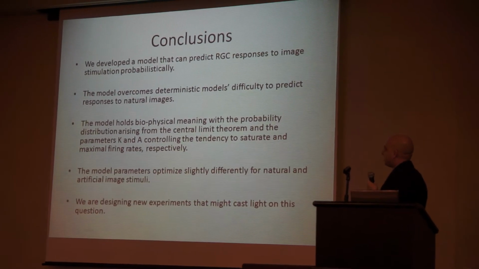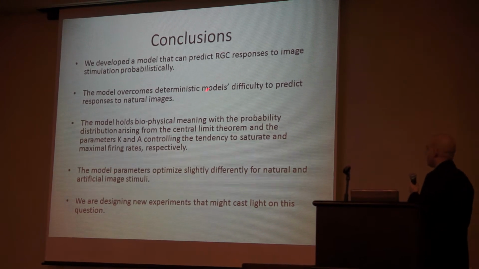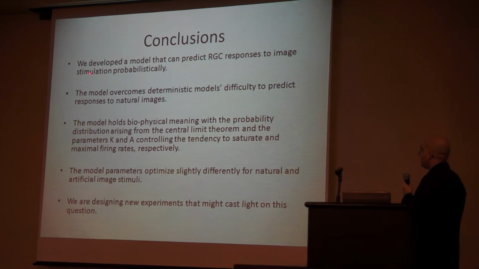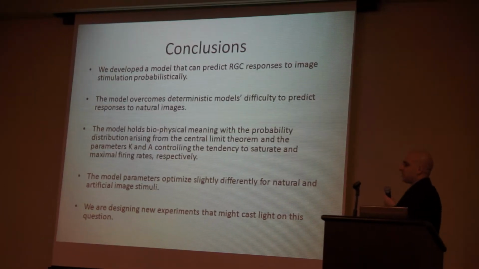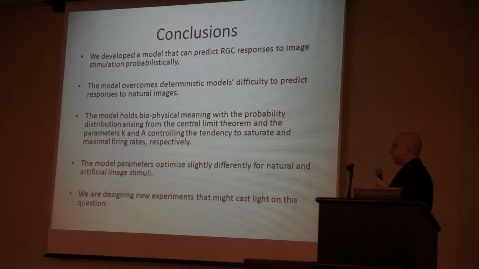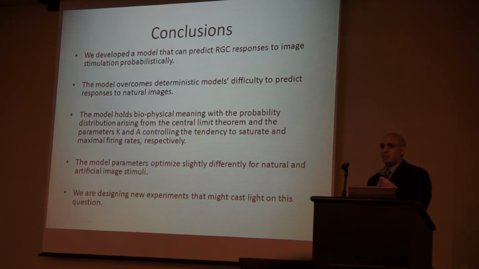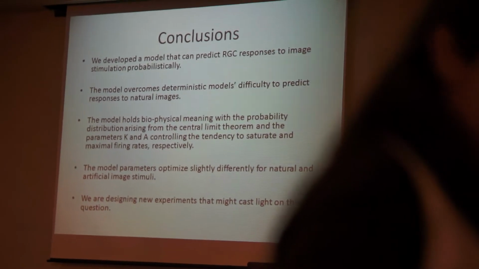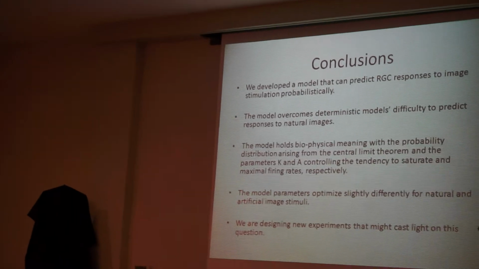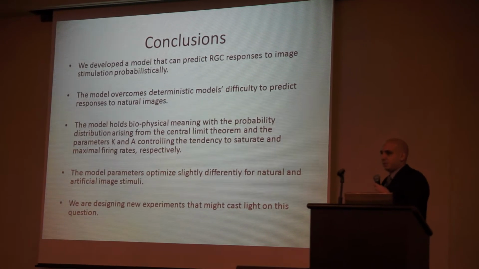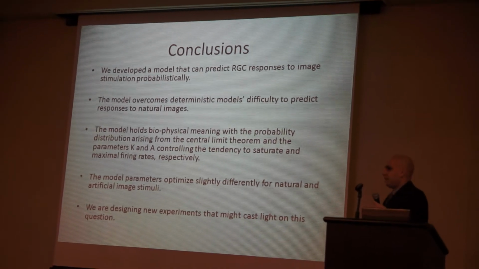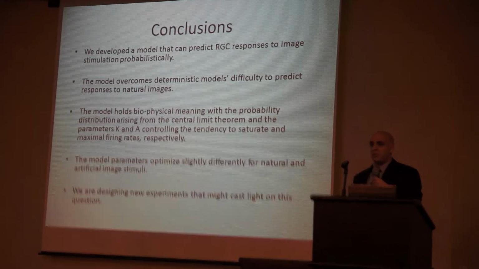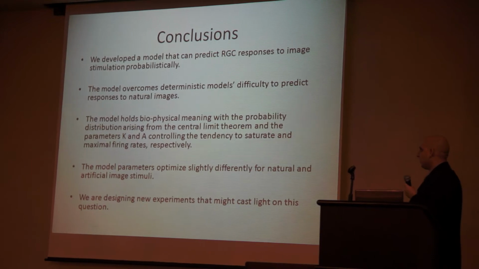So in conclusion, we developed a model that can predict RGC responses to image stimulation probabilistically. The model overcomes the problem of deterministic models in predicting responses to natural images, and it also holds biophysical meaning, with the distribution arising from the structure of the retina and the refractory period taken into account through a spike limiting function.